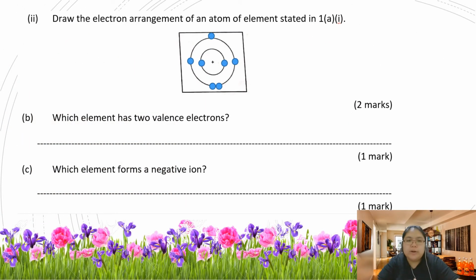Okay, now they ask us to draw. I drew it for you already. 7 electrons, which means the same as the 7 protons. So we need to draw the first shell as 2. The second shell is 5, isn't it? When you draw 5, you cannot draw 1, 2, 3, 4 together in one part. You must separate 1 to 4 corners first. Then the extra 1, you put in another corner.